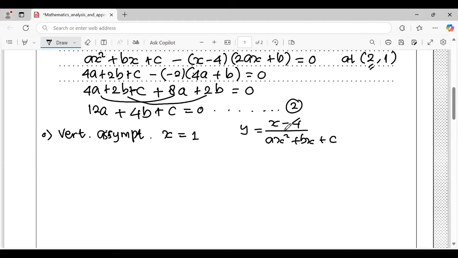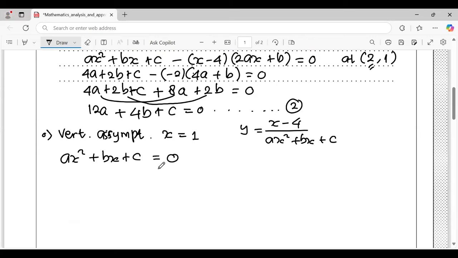So how to find the vertical asymptote? The rule says that the denominator equals 0. It means ax squared plus bx plus c should be 0.